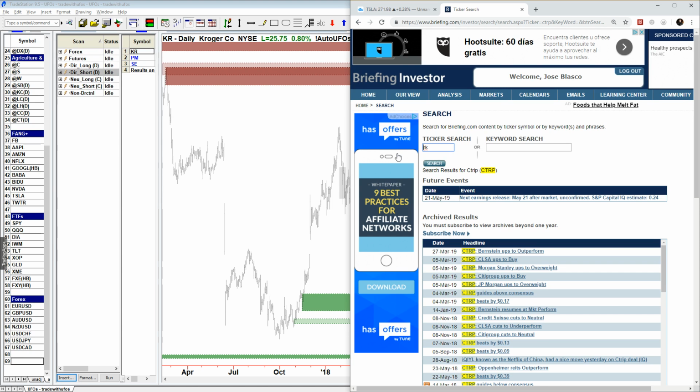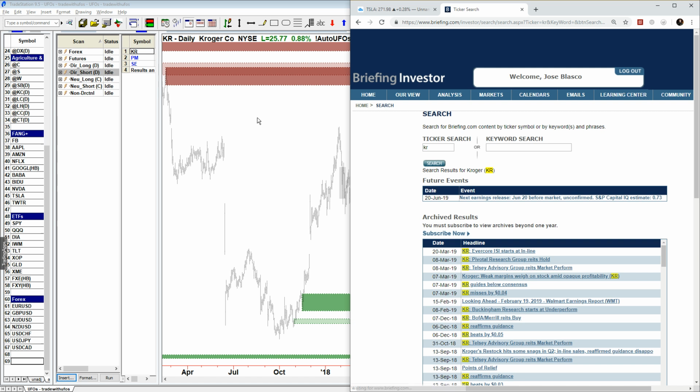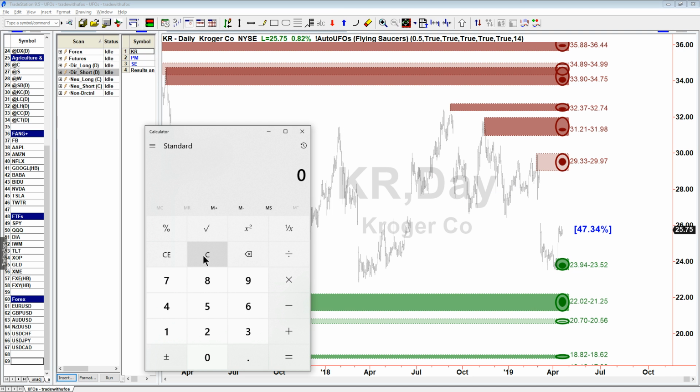So KR, if we were to take this trade, we are looking at a stock with earnings located on June 20. Okay, June 20, very good. Let me calculate the TTT. And again, if you don't know what the TTT is, that means time to target, and you will need to watch those Sunday sessions, so we speak all the same language. From current price, 25.75 to the ultimate target, which is 22.02, we're talking about 3.73.